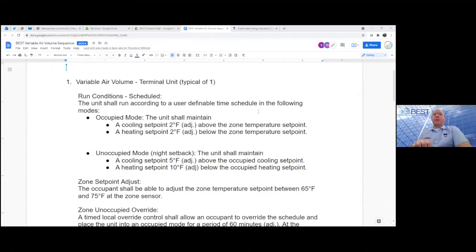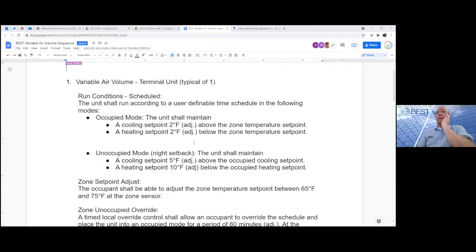That is something that is appearing in many more specifications due to energy requirements, trying to eke every dime out of our system that we can. But ours, we're just going with simple occupied and unoccupied mode.